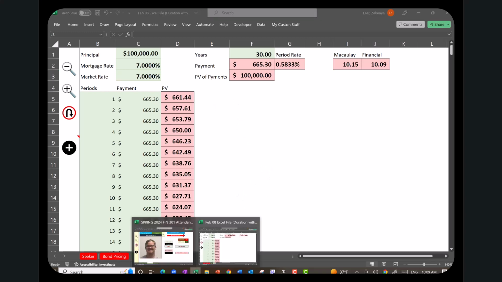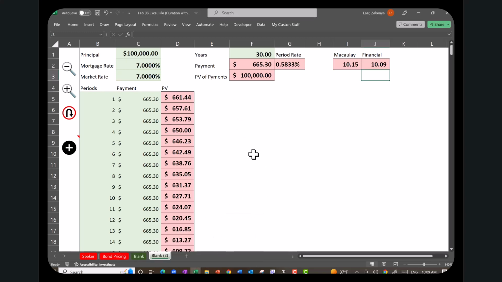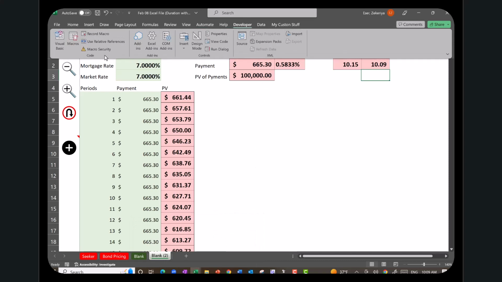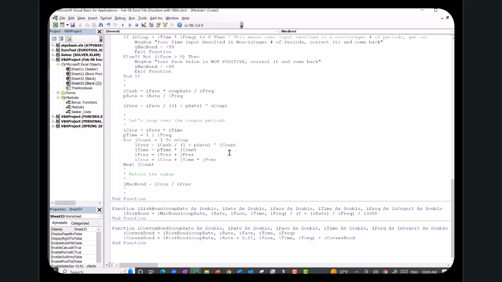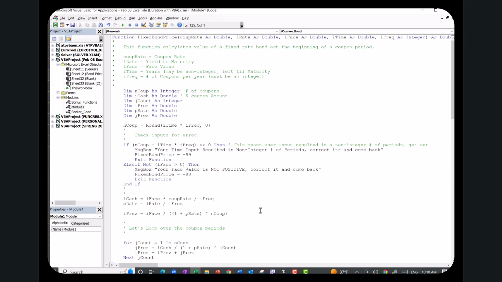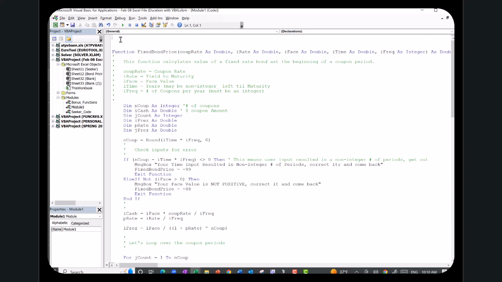Let's go ahead and go to developers. Let's go to the bottom. Actually, it doesn't matter where you write it. I'm going to write it here. Excel doesn't execute them in order as long as they're there.